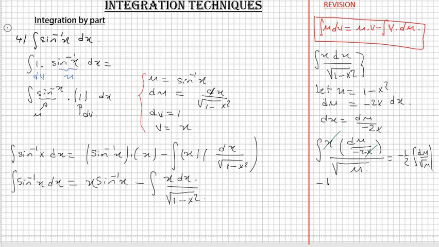So you have -1 over 2, and this can be written as du divided by u to the power of half. So that can also be written as -1 over 2 multiplied by the integral of u to the power of -1 over 2 du, bringing u to the power of half on top, so the sign will change.